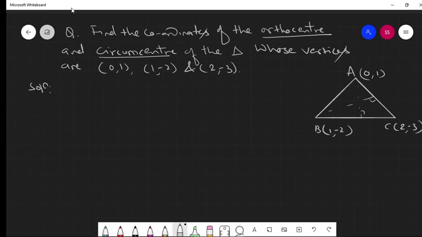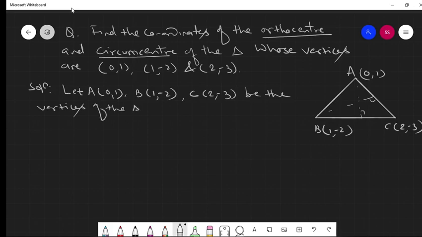The solution is: let A be 0 comma 1, B be 1 comma minus 2, C be 2 comma minus 3, the vertices of the triangle ABC.